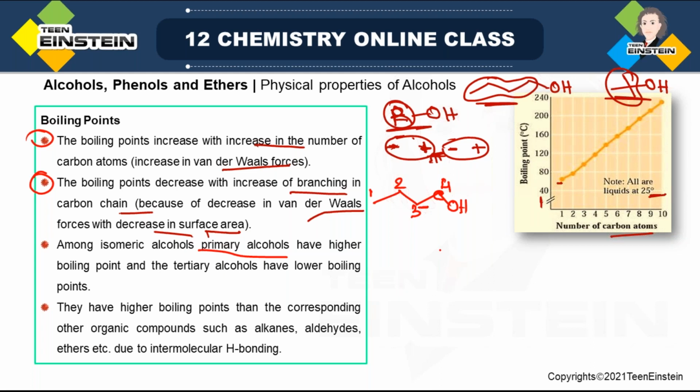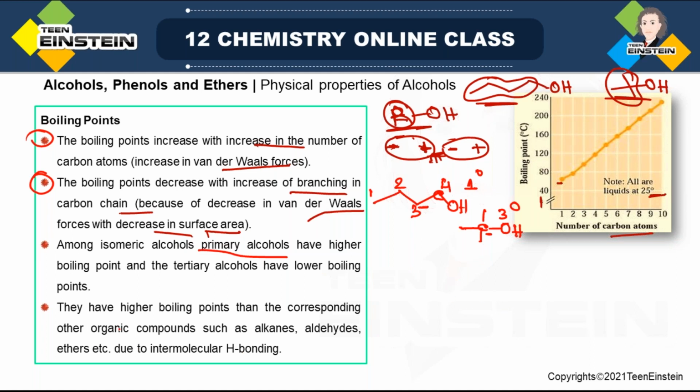Now keeping the carbon number same, if I draw the isomer which is tertiary, it will be like this, that is Me3COH. Here the carbon with which OH is attached is attached to 3 more carbons, that is why it is 3 degree. So this is 1 degree, this is 3 degree, and among these two, primary alcohols have higher boiling point.